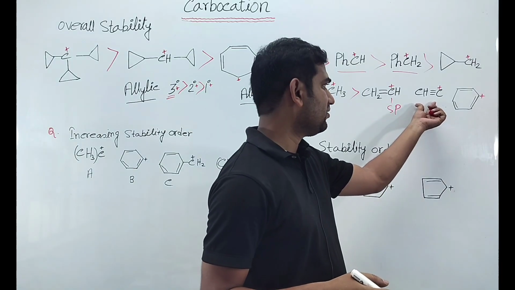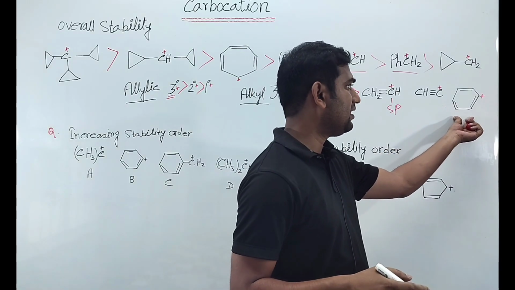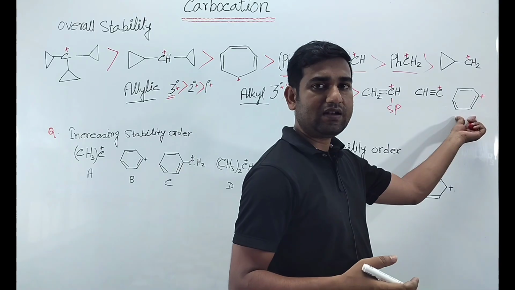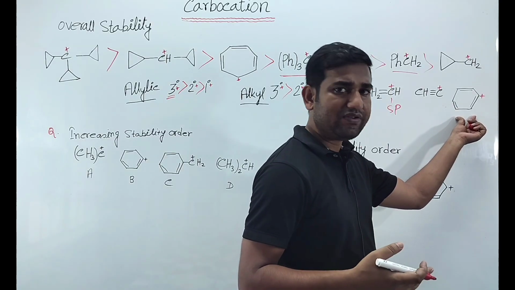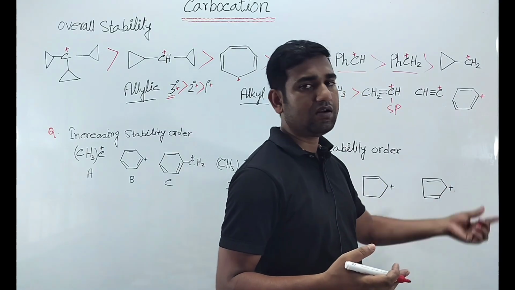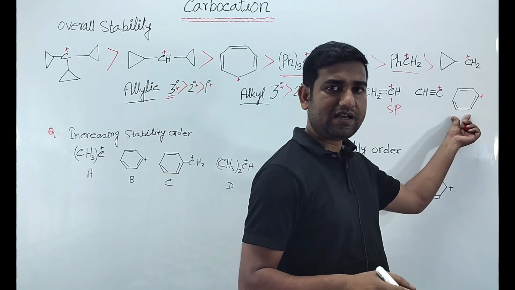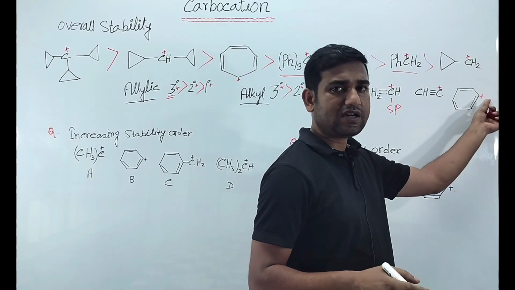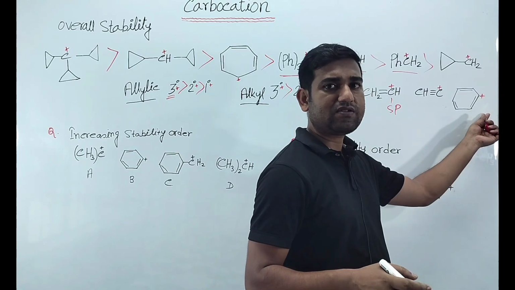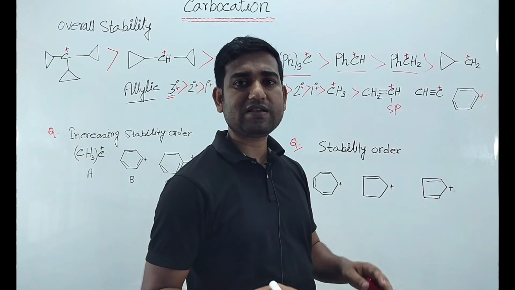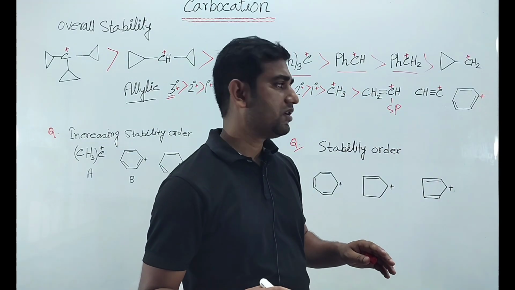acetylene carbocation, this is also very unstable. Least one is the phenylic carbocation. This is unstable because the benzene ring has aromatic stabilization, but once the positive charge comes in the benzene ring, the aromatic stabilization is destroyed.